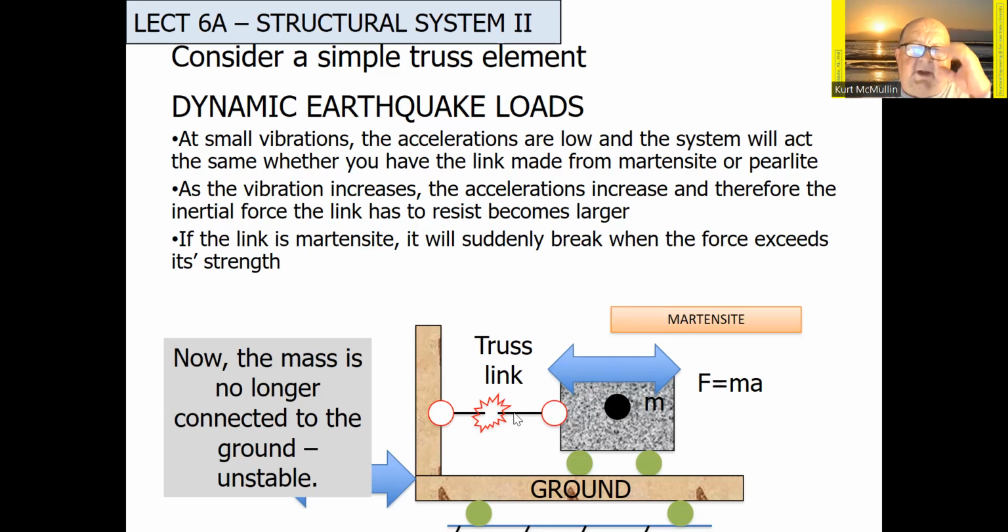Eventually the acceleration gets so large that the force overcomes the strength of the link. The link breaks, and now the mass is no longer connected to the ground. It's essentially an unstable situation.